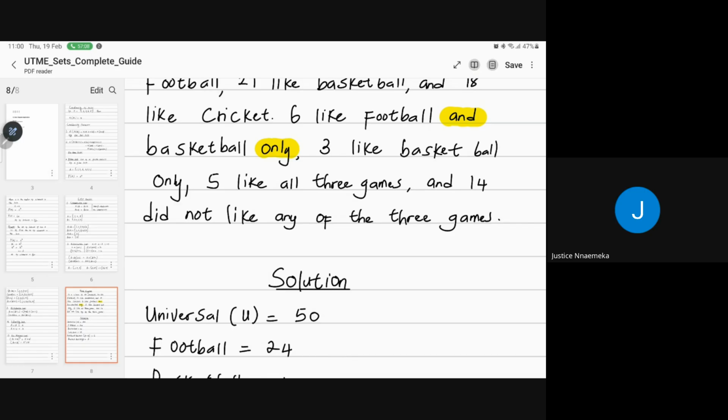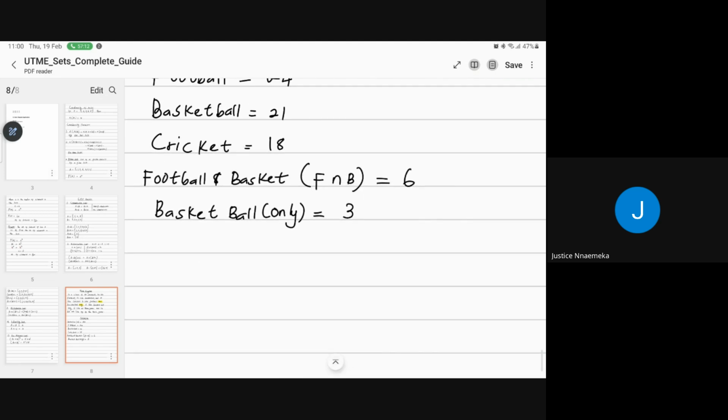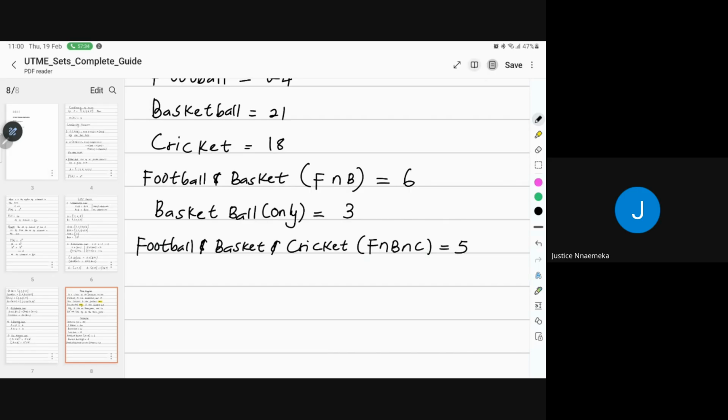We have 5 persons that like football, basketball, and cricket. Based on our set notation, this means F intersect B intersect C is equal to 5 of them.